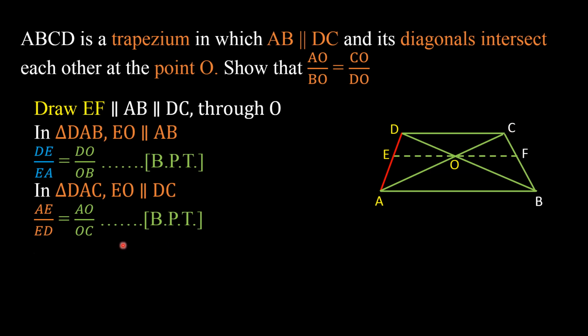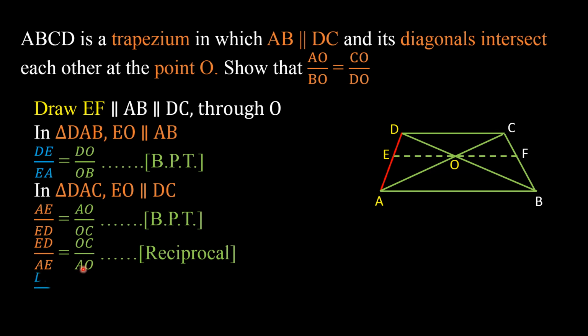Next we will write the reciprocal of these equal ratios. So we will write ED divided by AE, which is the reciprocal of this, and OC divided by AO, which is the reciprocal of this.